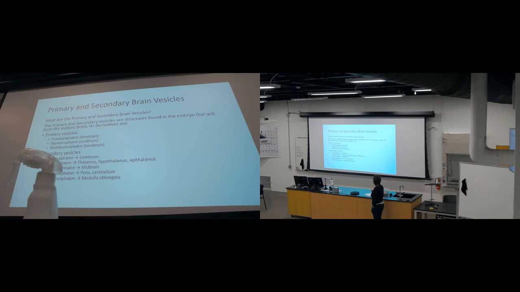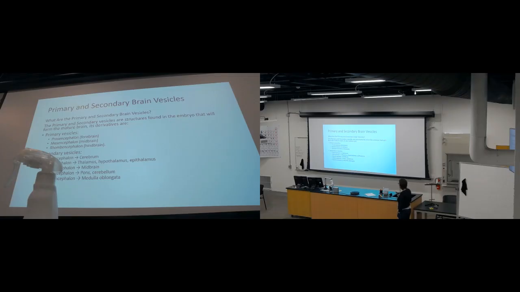From the primary vesicles, which are subdivided into 3, we develop the forebrain, midbrain, and hindbrain, which properly are known as prosencephalon, mesencephalon, and rhombencephalon.